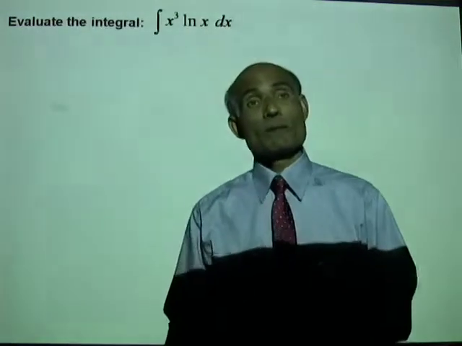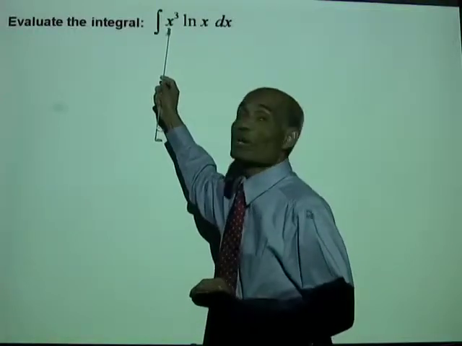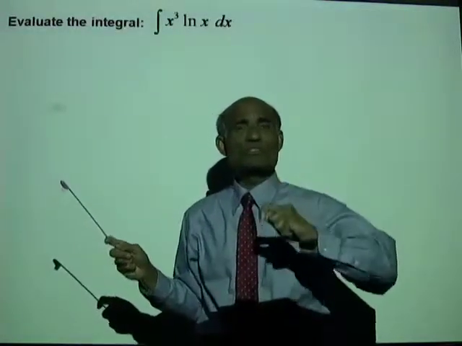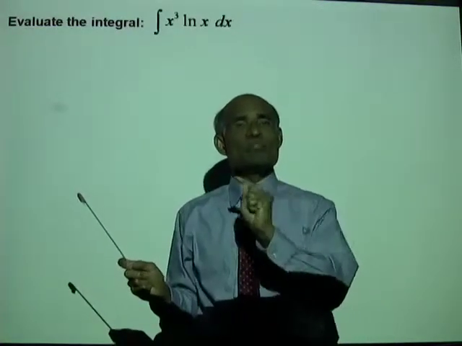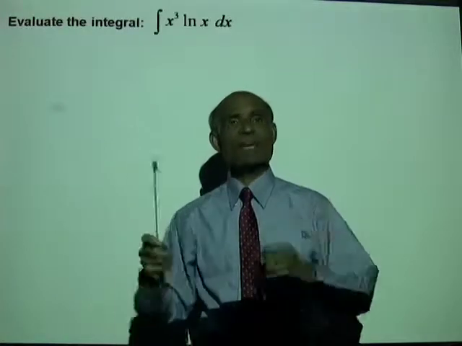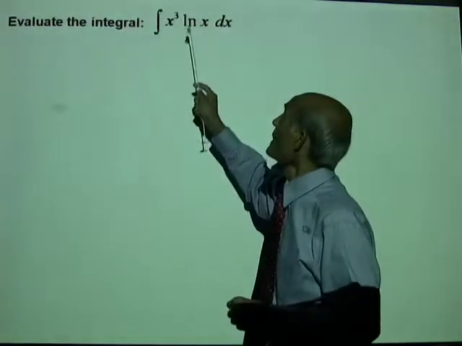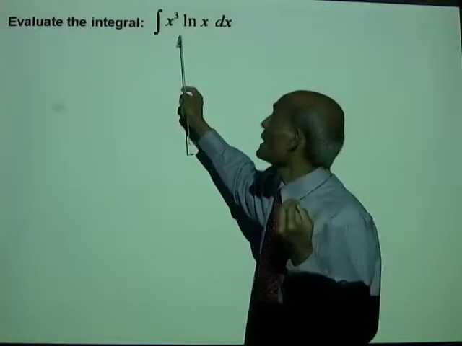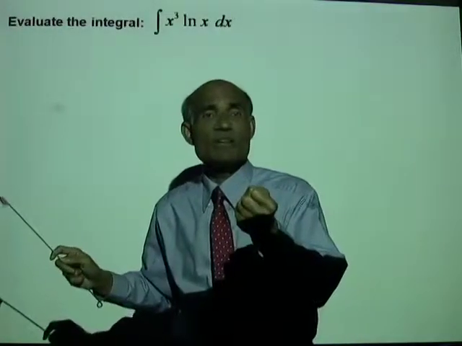Now, your tendency immediately will be to look and say x cubed, yes, I can integrate it continuously to get 0. Well, you'll be in trouble in this particular case and in many other cases. Why? Because if you take x cubed as your u, then you will take ln x dx as the dv.